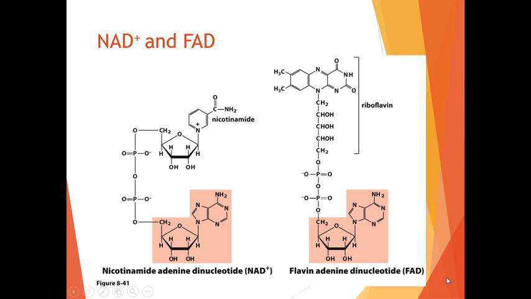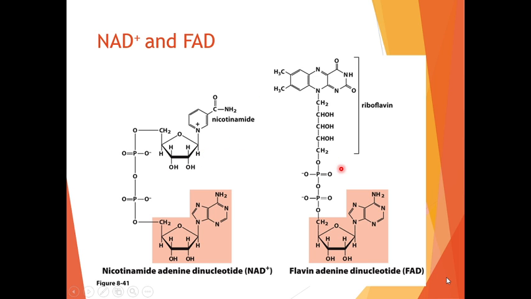The other two cofactors that involve adenosine are NAD+ and FAD. NAD+, as you may have heard about, functions in hydride transfer reactions, and the nicotinamide ring can undergo reduction, and this is the business end of this cofactor.